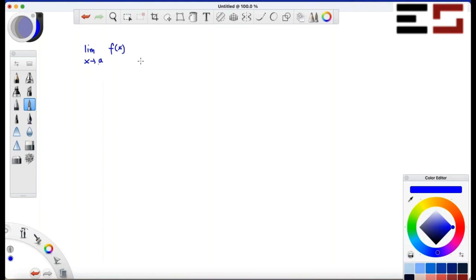So we'll call this direct substitution property, and this property is true for all the polynomials and the rational functions.